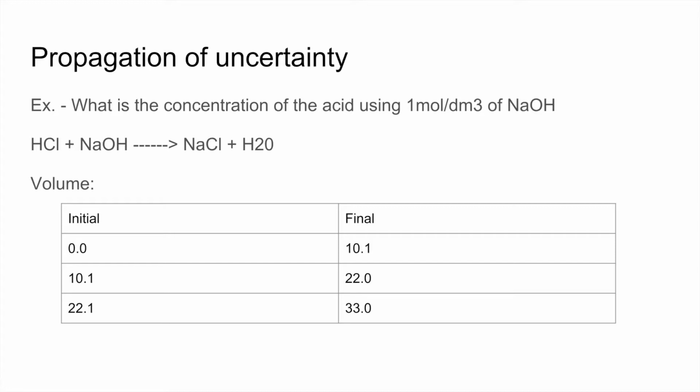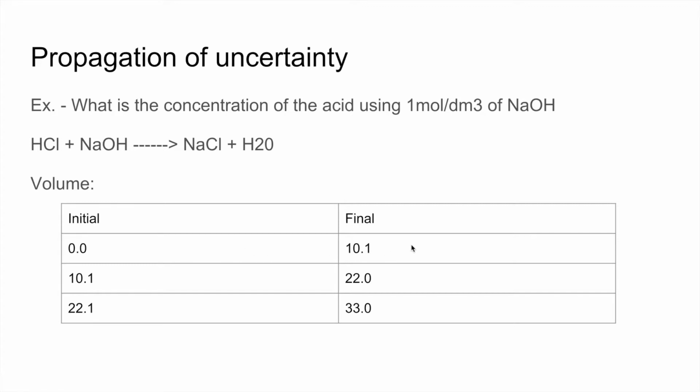So these are make-believe numbers. I came up with these numbers. For example, you did your titration, again, I said 3 times, right? So the first time, that's your initial final volume. Second time, final volume is 22. Third time, final volume is 33. So how will your errors propagate here? There's so many errors already. Why? Reading that in your burette has an error already.